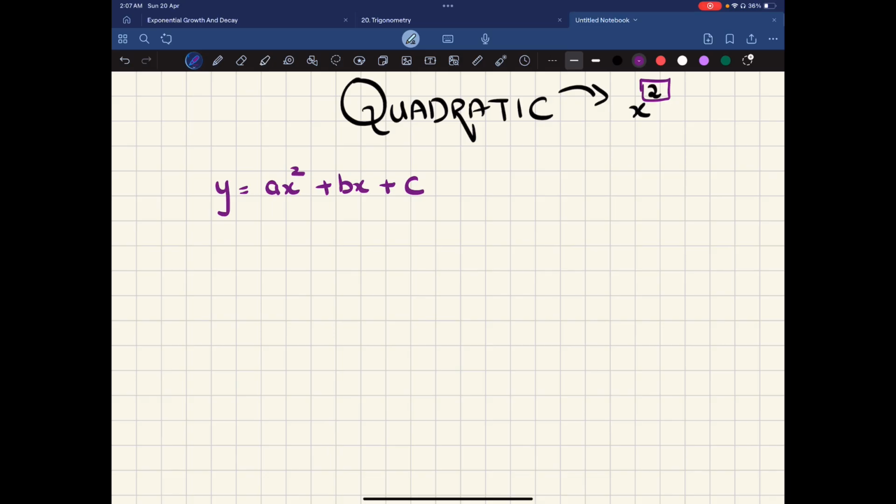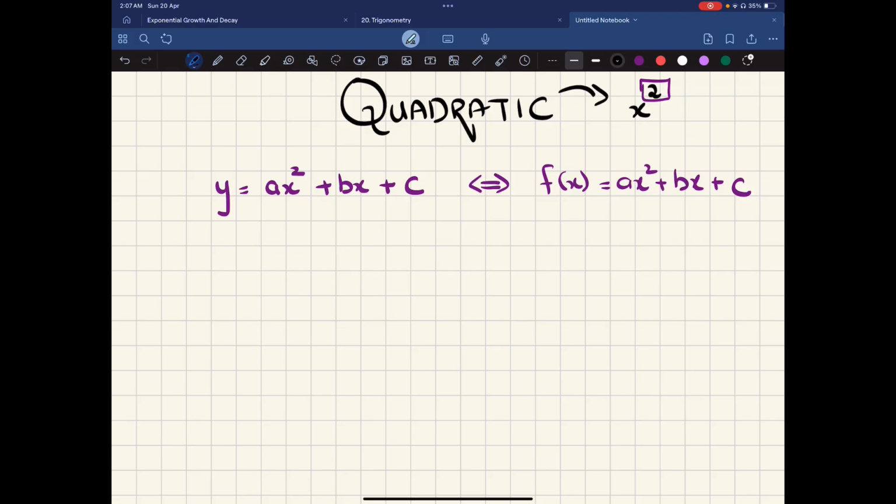Okay, and if function notation is used, you should not be confused. The same thing can be written as f of x equals ax squared plus bx plus c. It's exactly the same as y equals ax squared plus bx plus c. Okay, they have exactly the same graphs.